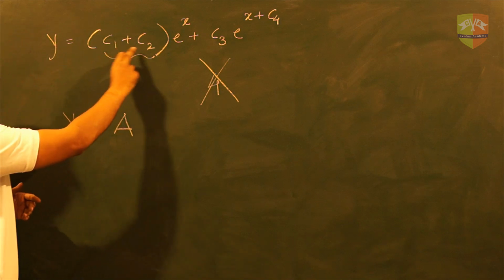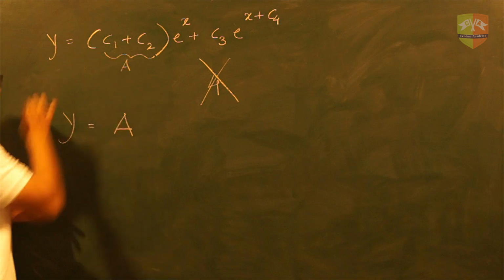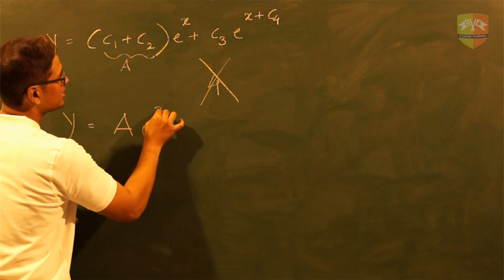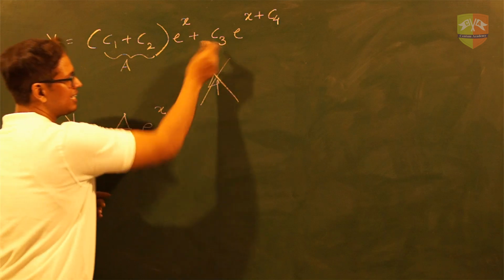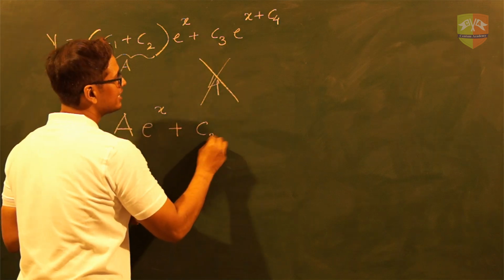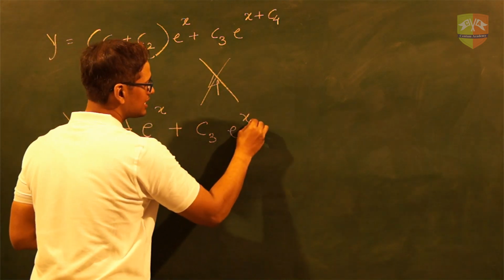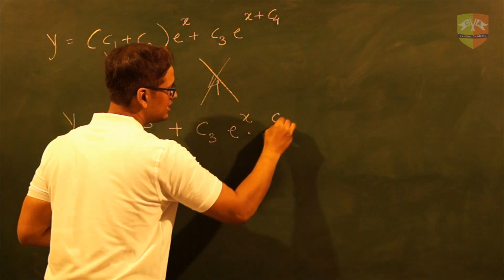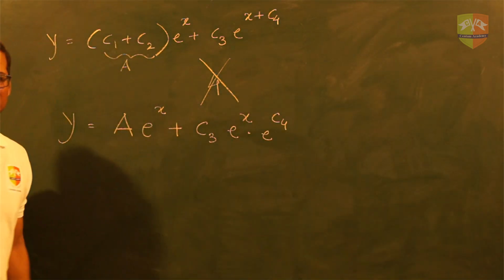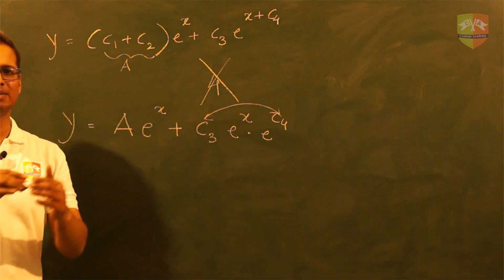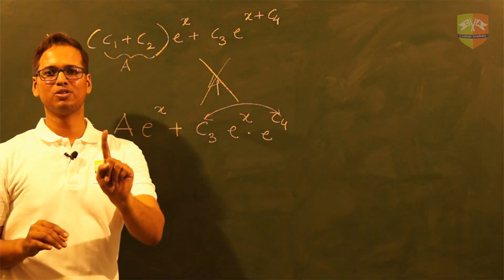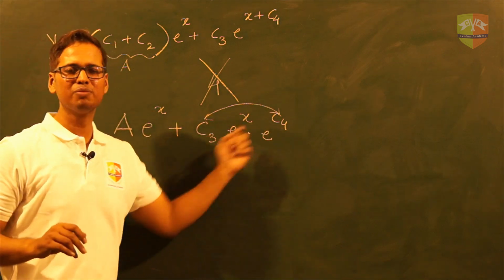So I have clubbed C1 and C2 and written it as A, e to the power x. Here also, I can write this as C3 e to the power x into e to the power C4. Now C3 into C4 will also multiply to generate only one arbitrary constant. We cannot write this as two arbitrary constants.